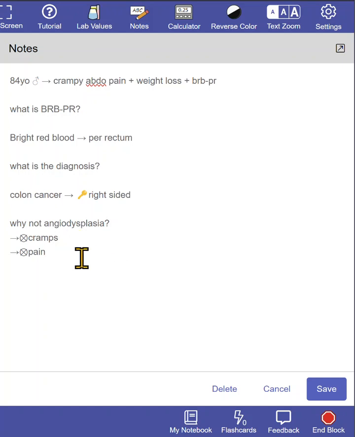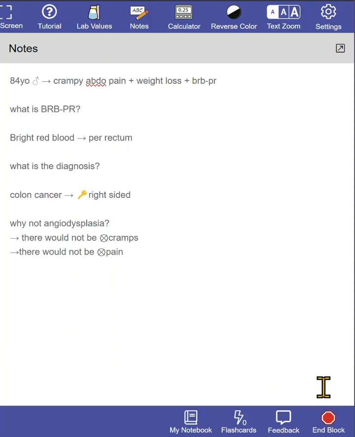Because there would not be pain in angiodysplasia. However, there was abdo pain and cramps and this right-sided colon cancer.